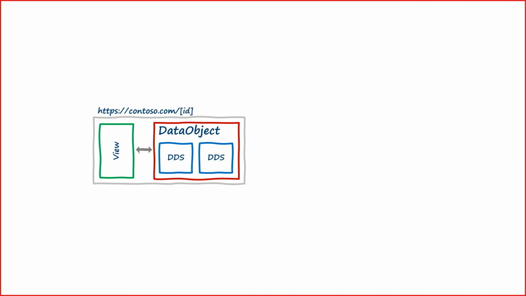So first off, when we as a user go to a website, we need to collaborate, but as a developer, what's involved to make that collaboration possible? And the answer is really the three things we just talked about. We have DDSs, data objects, and then we're going to have ops. Now, in this first diagram, you can see that we have a data object that encapsulates our DDSs. And then we're going to need to sync that up with a view.